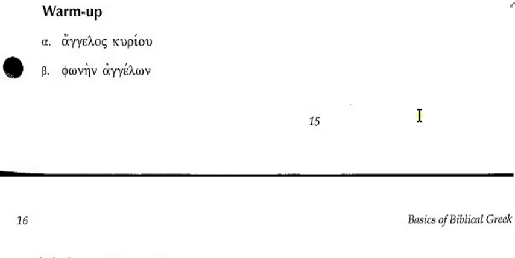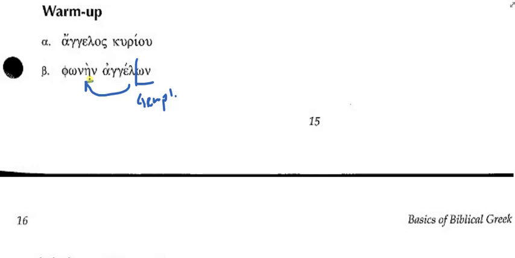By the way, what case is angelon here? Yeah, you see that -on, right? So that's genitive plural. And so it is modifying or qualifying the phonane in some way, right? Whose voice or whose sound? This is actually a singular noun.